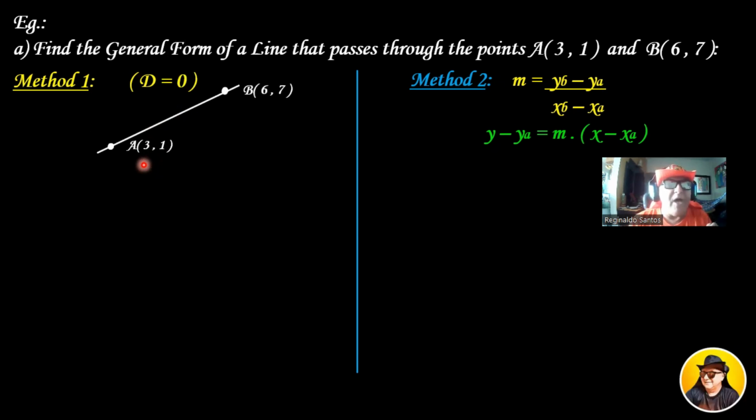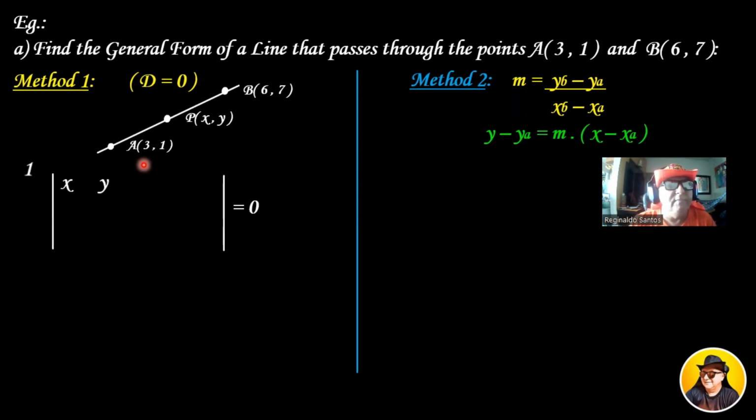Now let's suppose we have a point P, so A, P, and B are in line. The determinant of these 3 points that are in line is equal to 0, because they are in line. The coordinates of point P are x and y.